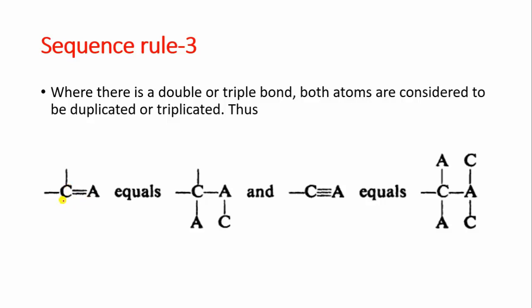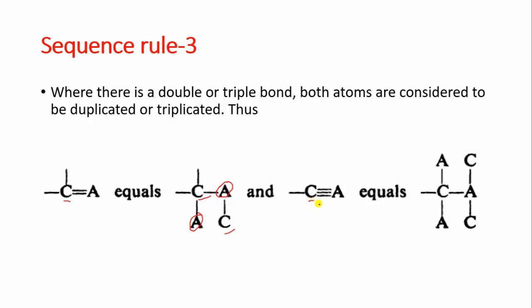This carbon atom is attached with a double bond to A, which means this carbon is attached 2 times to atom A, 1 and second. Again this A atom is double bonded with carbon, so it counts 2 times. If it is a triple bond, we have to consider 3 times.